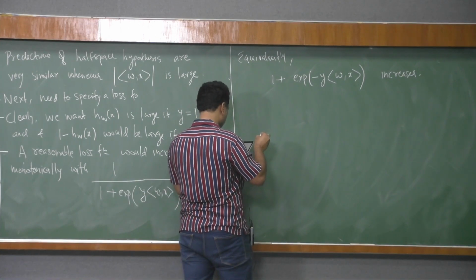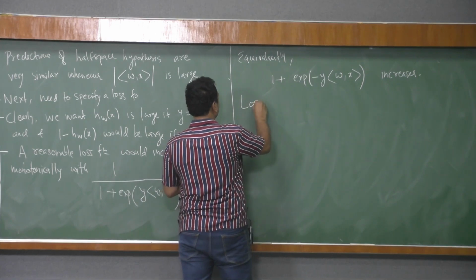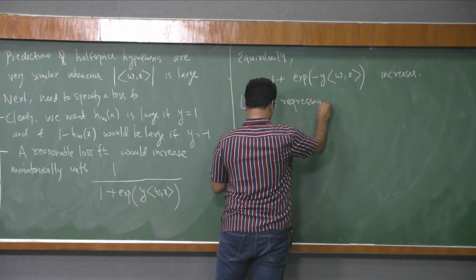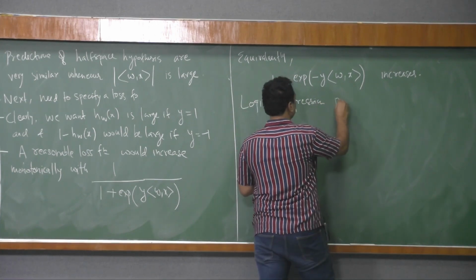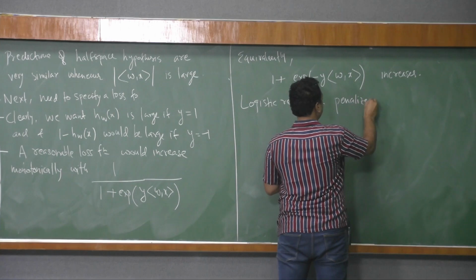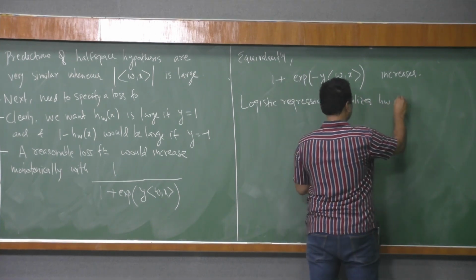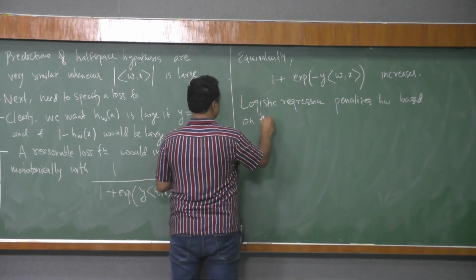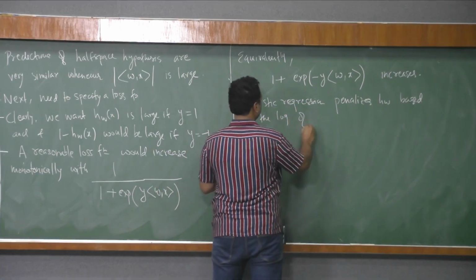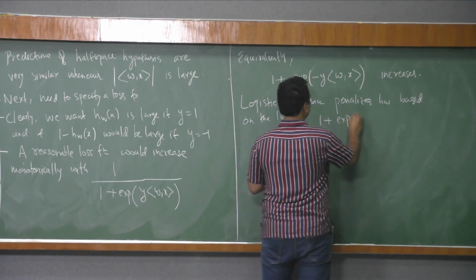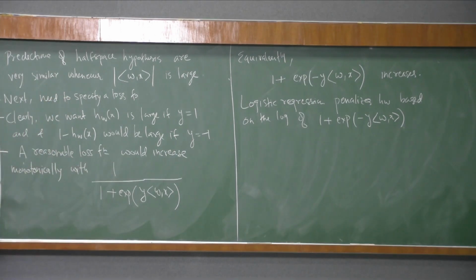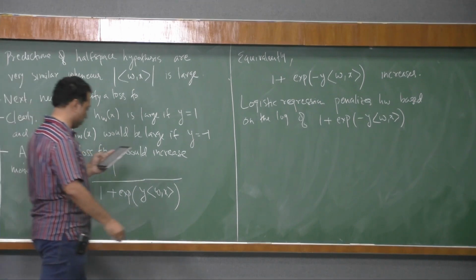So logistic regression penalizes h_w based on the log of 1 plus exp of minus y w transpose x. Recall that log is an increasing function, so the behavior remains intact, which is what we are supposed to do.